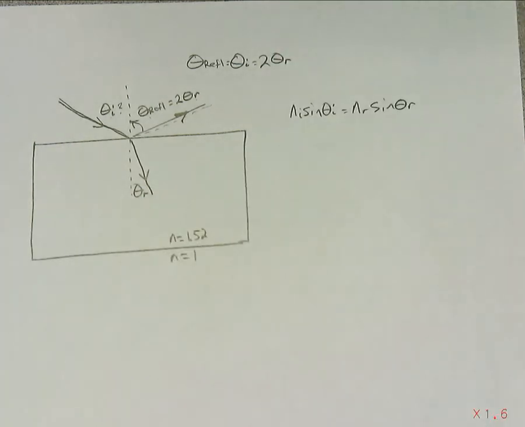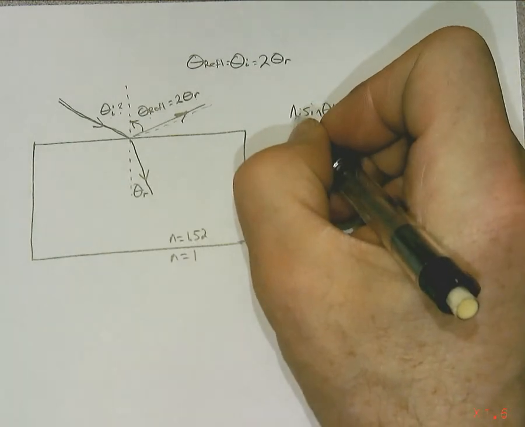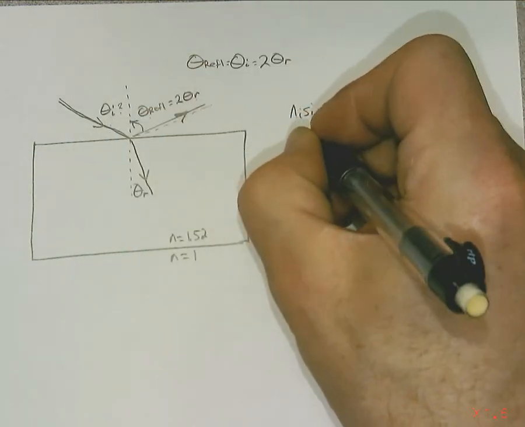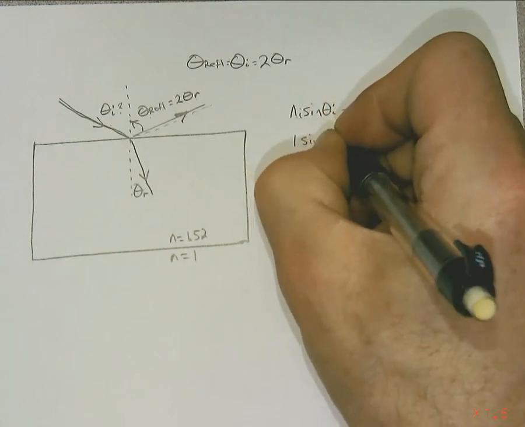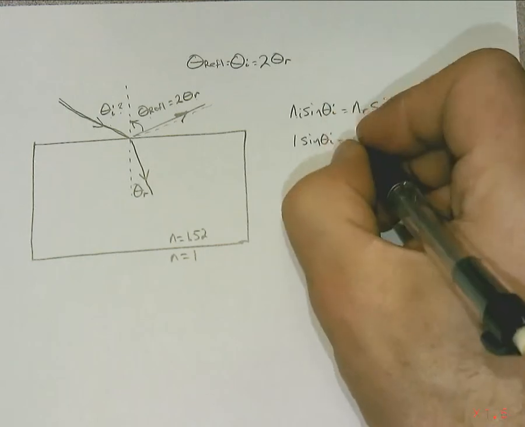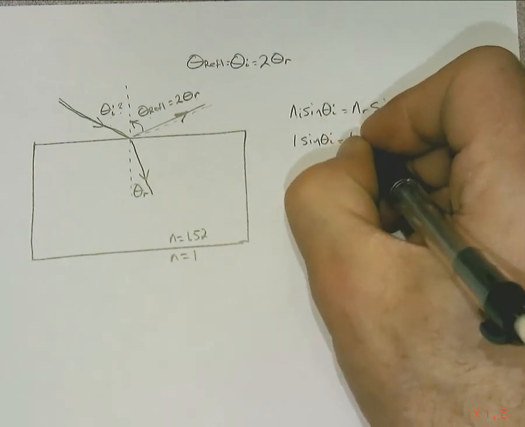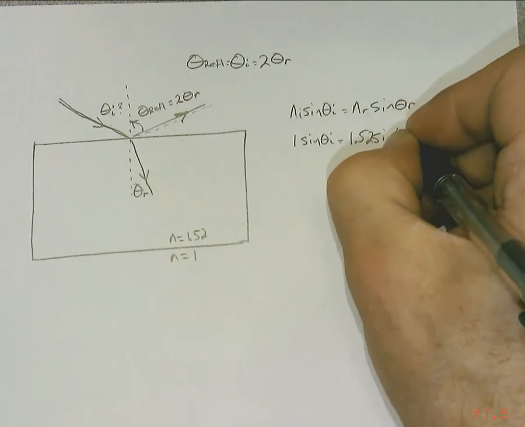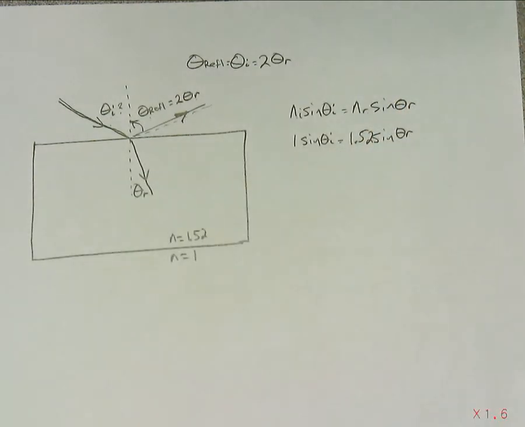And we know that the incident index is 1. So 1 sine of theta incident is equal to n2, or n refracted, which is 1.52 sine of theta r. That's what we have so far.